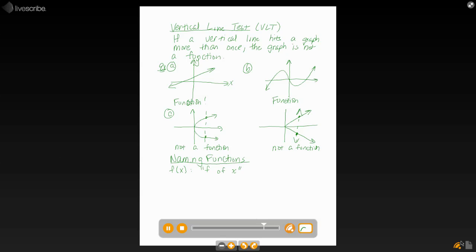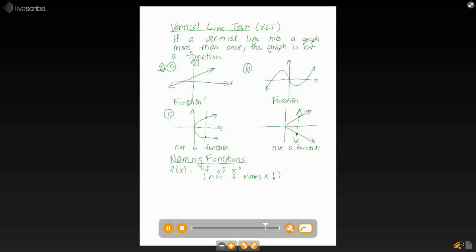And it does not mean, even though we're using parentheses, that the parentheses is a multiplication symbol. It does not mean f times x. I'll explain what it means. F of x means whatever's inside the parentheses is what you're inputting into your function, and the value of f of x is the output.